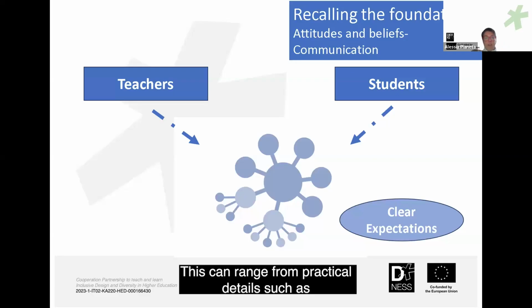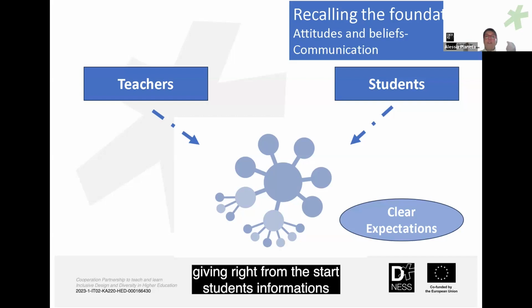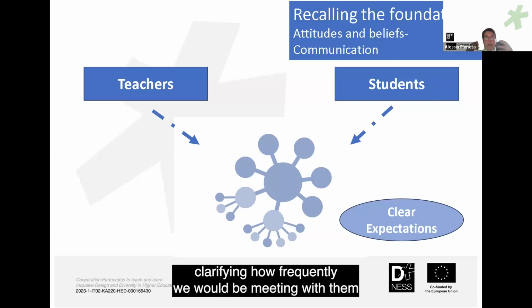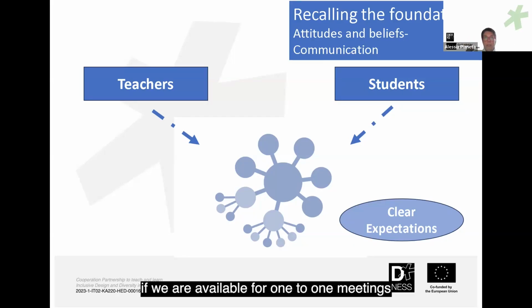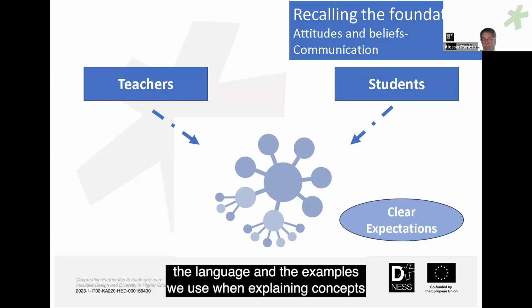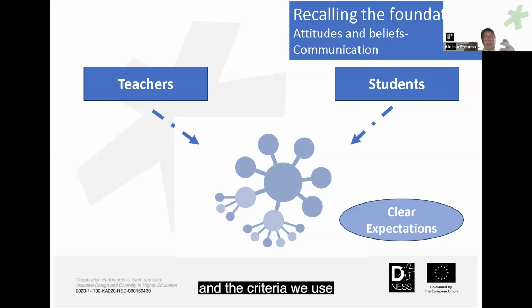This can range from practical details, such as giving right from the start students information about how and when they can contact us, or clarifying how frequently we will be meeting with them, if we are available for one-to-one meetings, to broader issues, such as the language and the examples we use when explaining concepts, and the criteria we use to assess their competency.